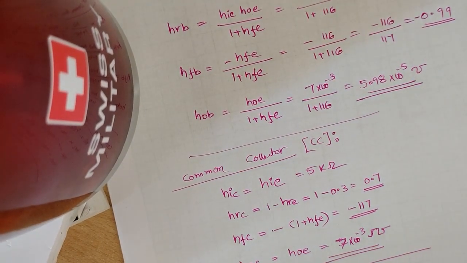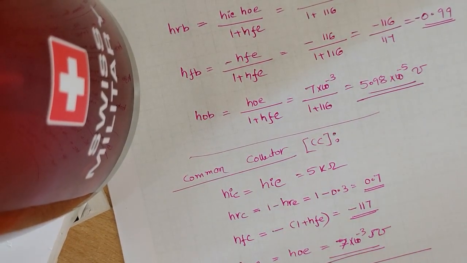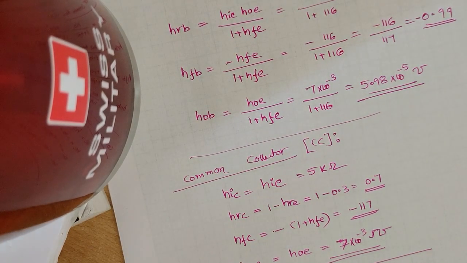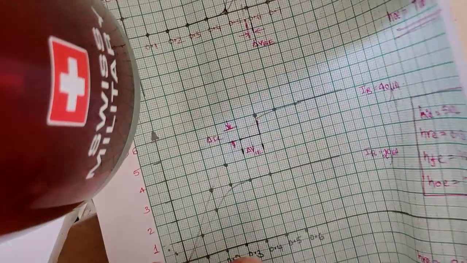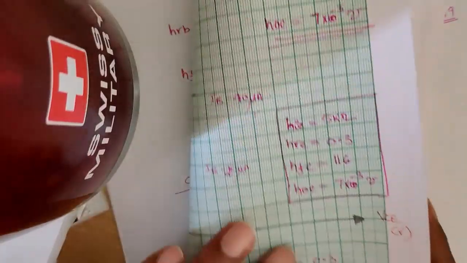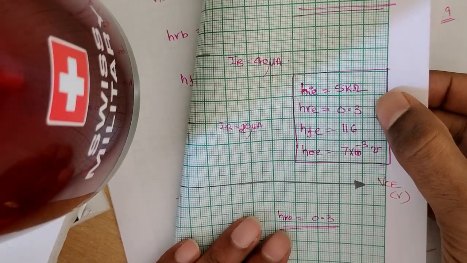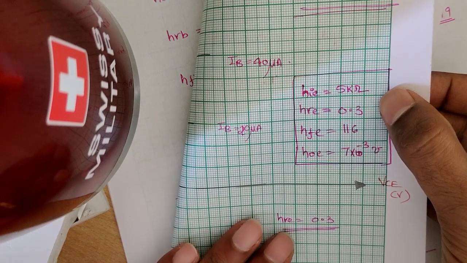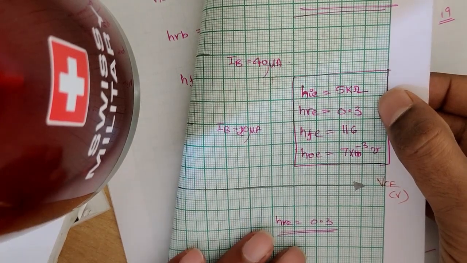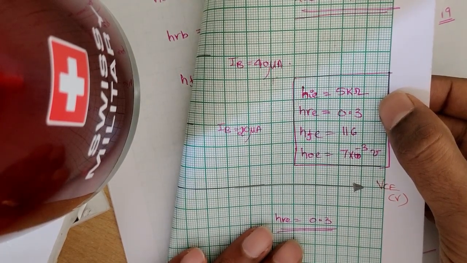All right, so this is your determination of transistor H parameters using the transistor characteristics. Quickly to sum up, we conducted an experiment on common emitter configuration, and from that experiment we determined the common emitter H parameters, namely HIE, HRE, HFE and HOE.